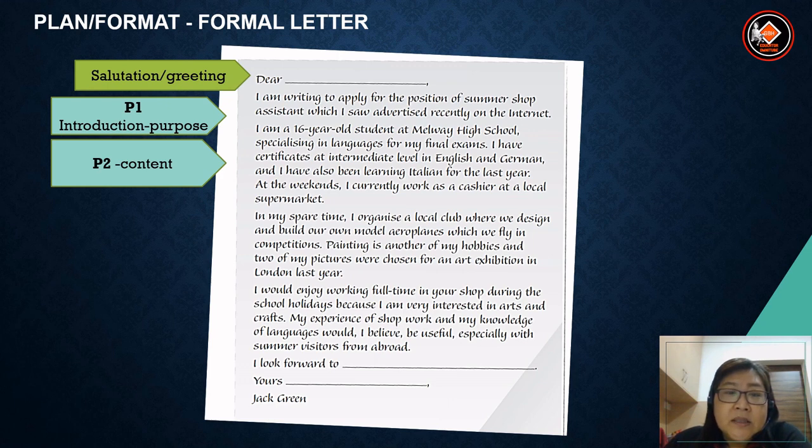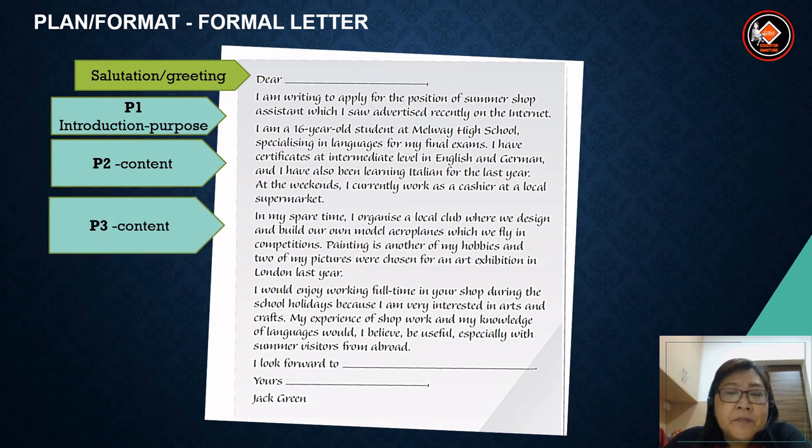I'm a 16-year-old student at Melway High School, specializing in languages for my final exams. I have certificates at intermediate level in English and German, and I have also been learning Italian for the last year. At the weekends, I currently work as a cashier at a local supermarket.